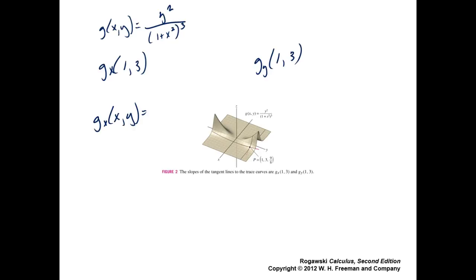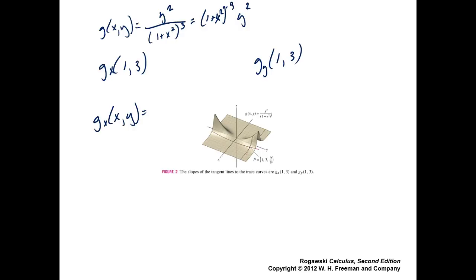Before I did that, I would write this as (1 plus x squared) to the minus 3 times y squared, because I don't like to take derivatives in general using the quotient rule if I can avoid it.